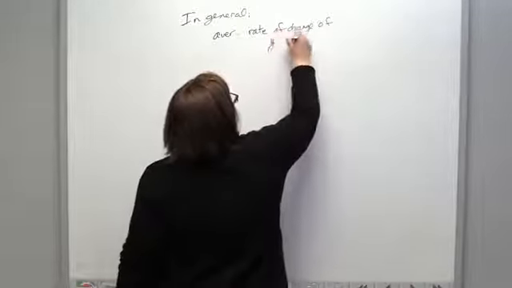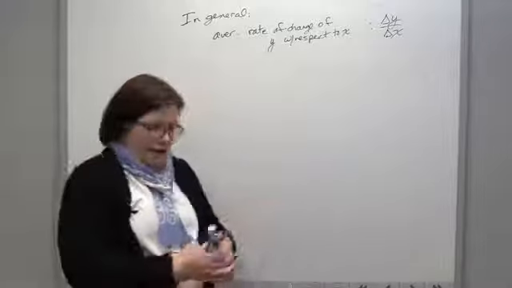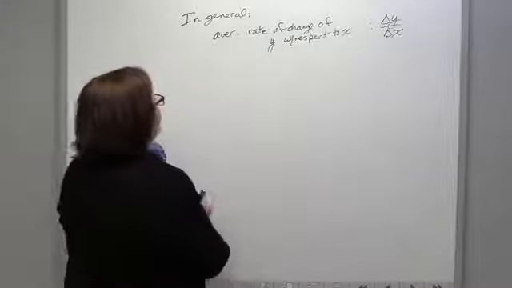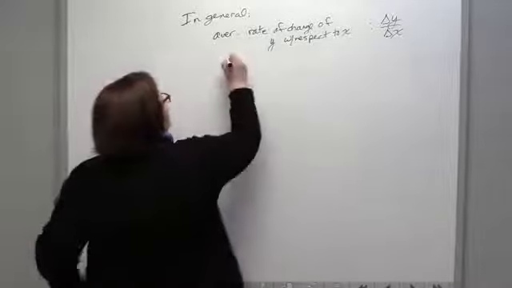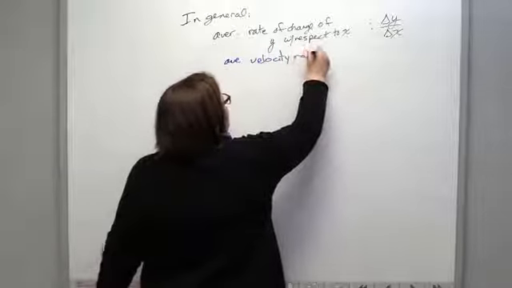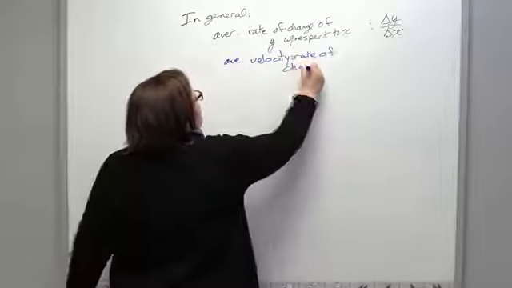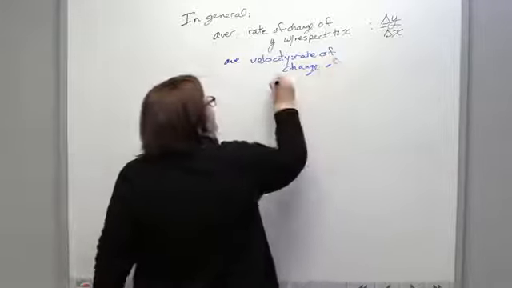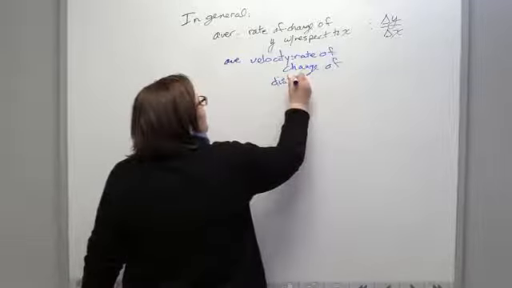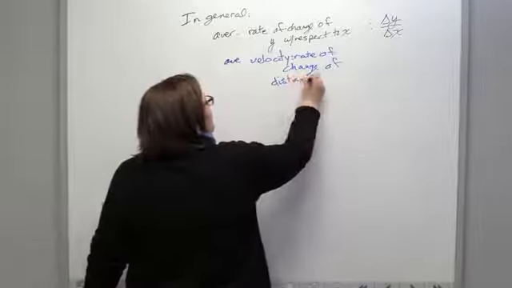So we had a rate of change of population with respect to time. Velocity, average velocity, is a rate of change of distance with respect to time.